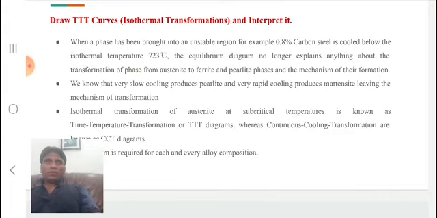So this is all about how the austenite is transforming into pearlite or any other structure.